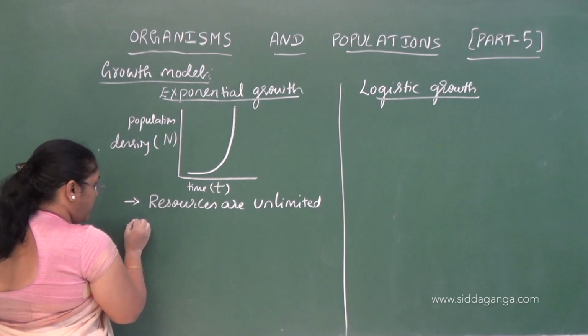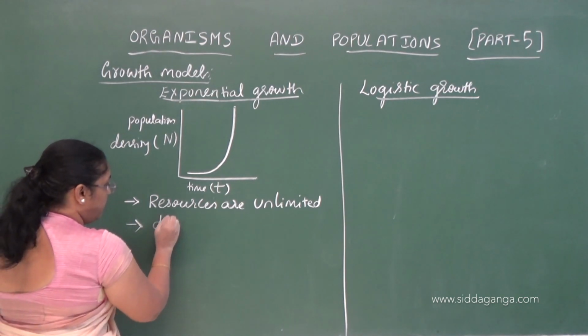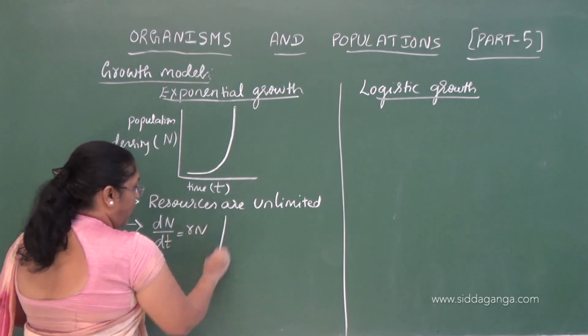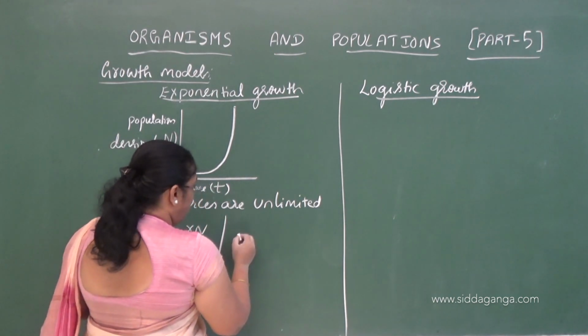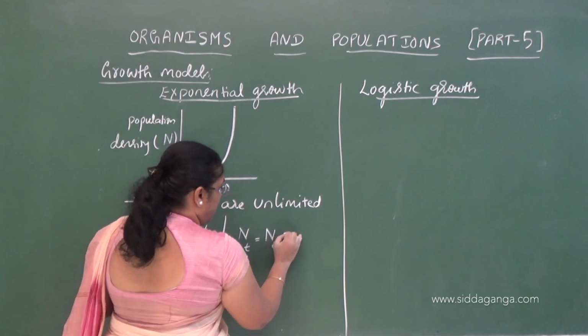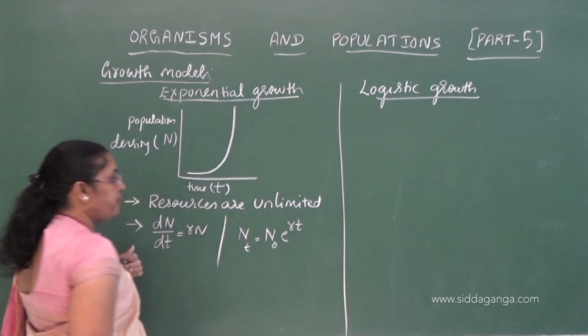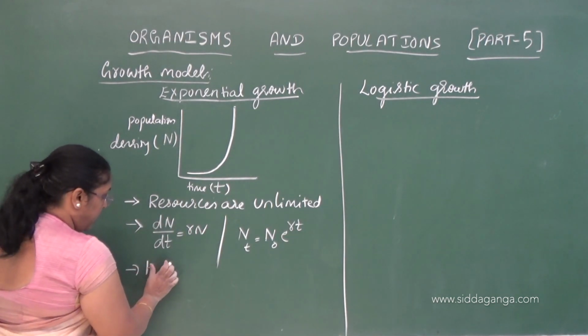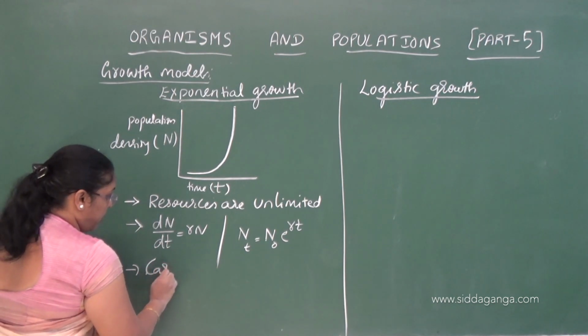Then it is denoted by the equation dN/dt = rN, or in integral form it is Nt = N0 e^rt. And in this, carrying capacity is absent.